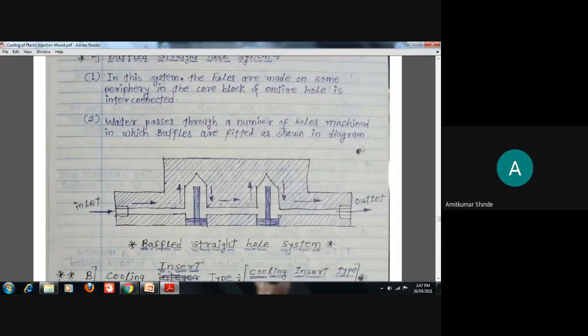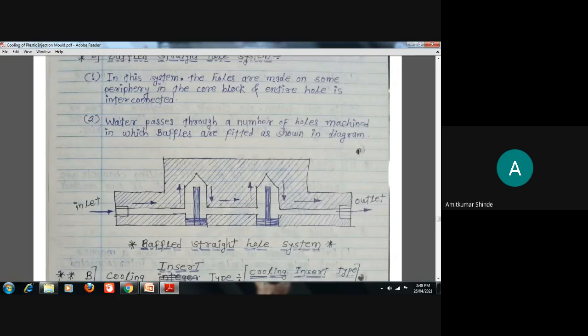And here the baffles are used. This dark baffle is nothing but a thin vertical plate which will help you to change the direction of flow, and that will be termed as baffle. That's why it is termed as baffled straight hole system.